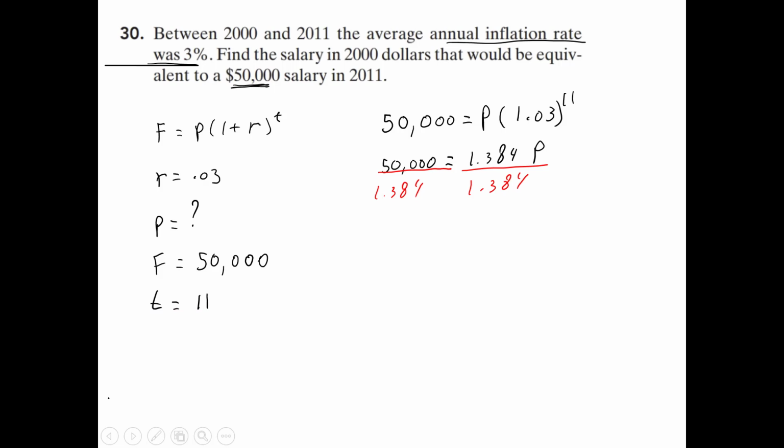So 50,000 divided by 1.384 is $36,127.17.